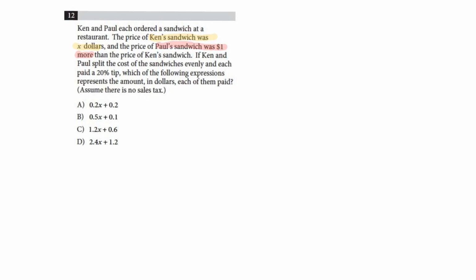Okay, so let's think about this. We know that Ken's was x dollars and Paul's was x plus $1.